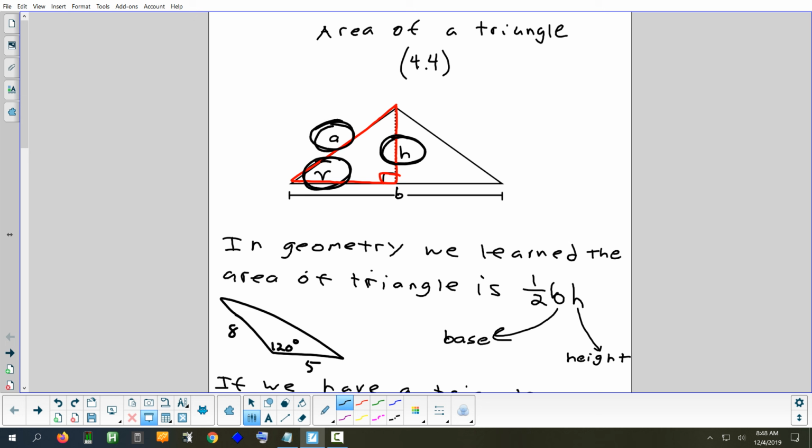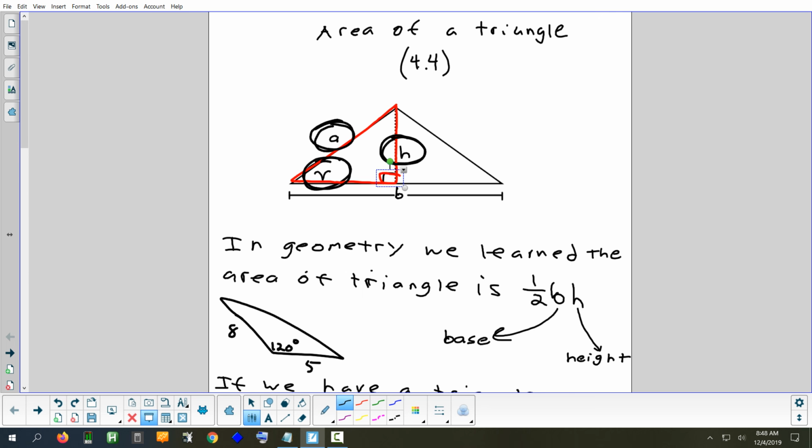If you were standing at gamma, what's the name of the side that's farthest away? Opposite. And what's the name of the side that's across from the 90-degree angle? Hypotenuse. Opposite is the side furthest away. A is the hypotenuse.